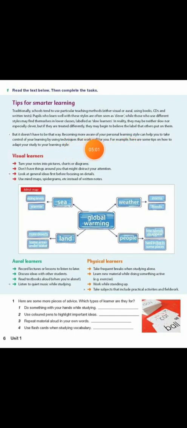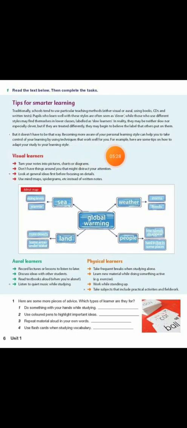Becoming aware of your personal learning style can help you to take control of your learning. So what makes you control your learning? Becoming aware of your personal learning style, by using techniques that work well for you.